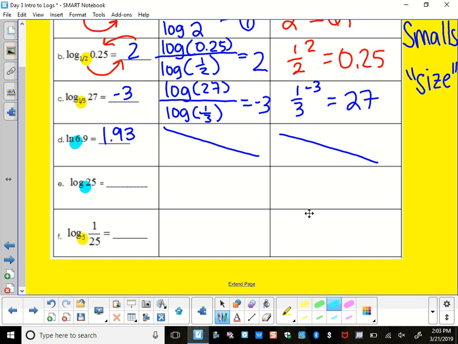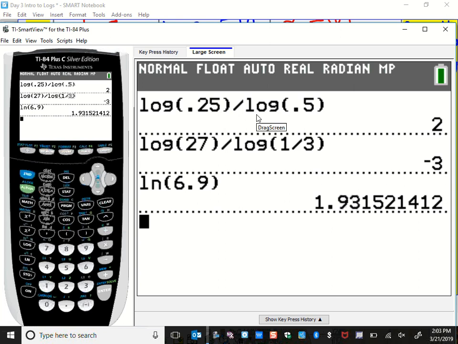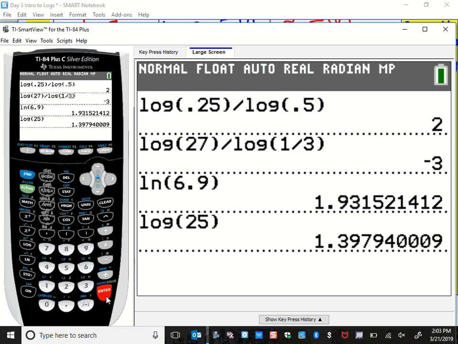Same with letter E. Do I have a base? No. So if it's a log, your base is understood to be what? 10. Good. Alright, so grab your calculators and you can just type it in. Log of 25 is 1.39 on and on, right? Let's say that you forgot that. Let's say that you're just in your Biggie Smalls mode, and let's say that you did Biggie over Smalls.